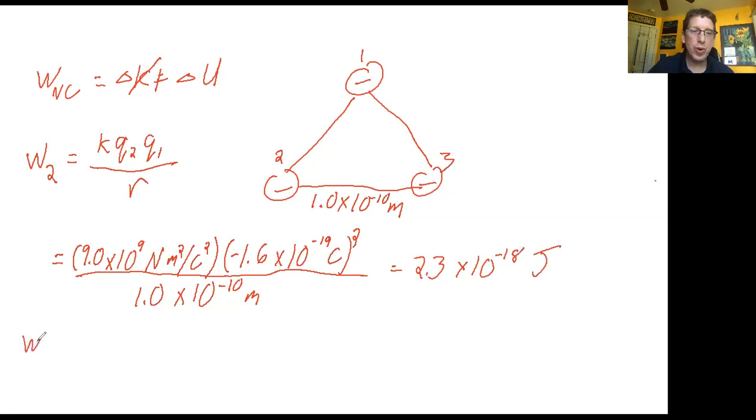Now, what is the work? Now we're holding charge 1 and charge 2 in place, and we're bringing charge 3 in. So that's going to gain a potential energy. And here's the advantage to working with scalars as opposed to vectors. You're just adding the potential energy due to this charge and the potential energy due to this charge together.